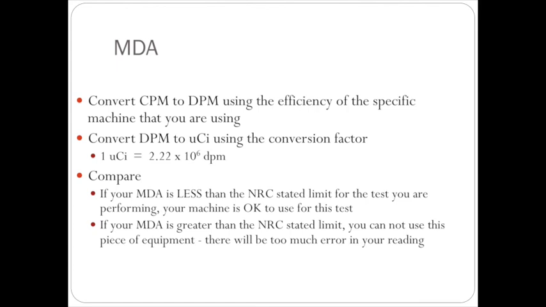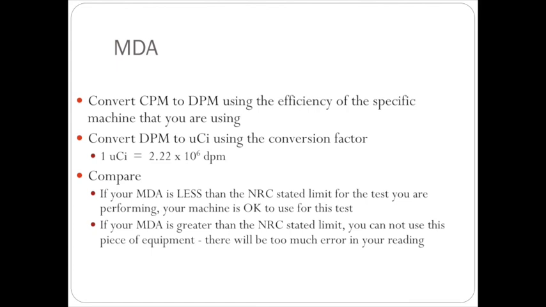Basically what it says is that any number down to your MDA is going to be acceptable in terms of the amount of error. Anything less than the MDA is going to have too much error in it, and so the results are not going to be valid. So if we care about 0.04 for this particular test, we want a machine that hopefully has an MDA significantly less than that, because that means that even if there was some error in that count, it shouldn't exceed the actual limit.